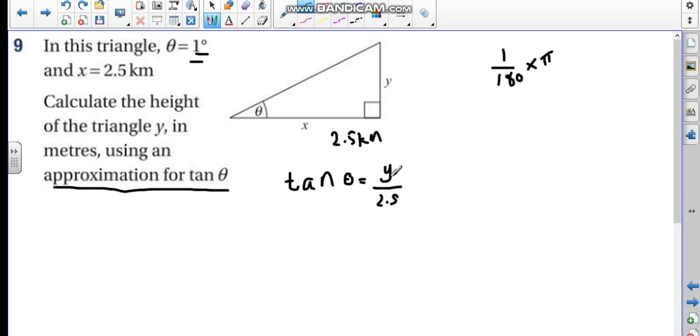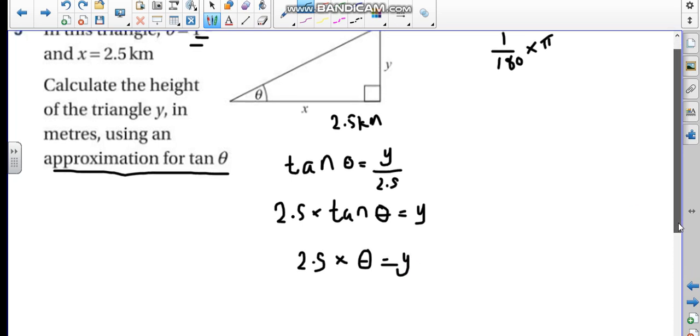So to find y, I'd need to do 2.5 times tan theta. Now I'm going to use an approximation that tan theta is theta, so it's going to be 2.5 times theta equals y.